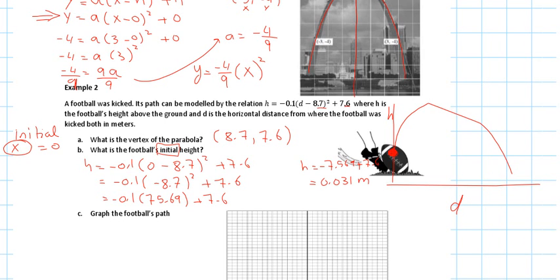So the initial height of the football is 0.031 meter.